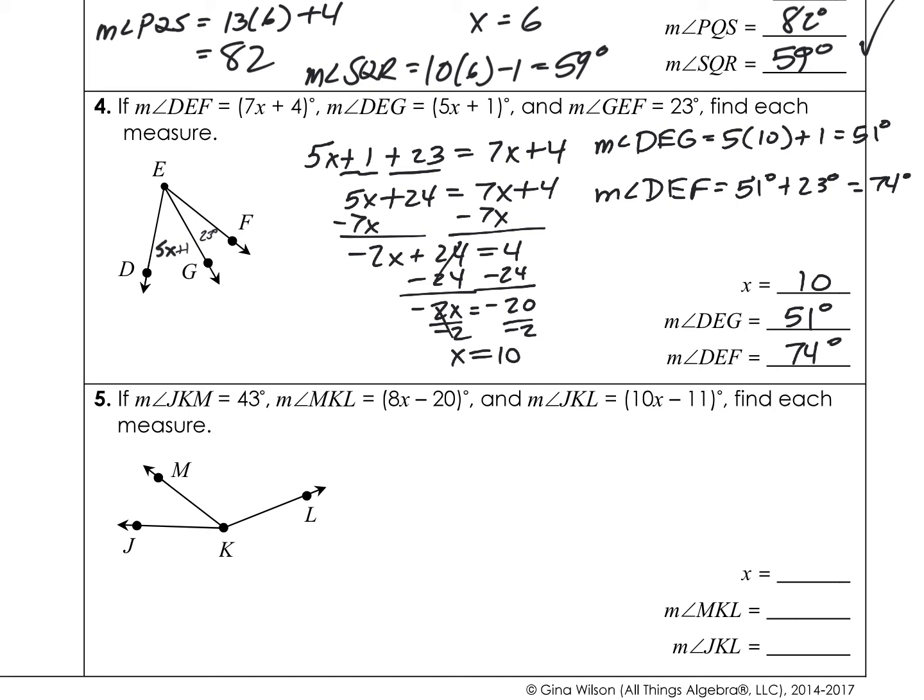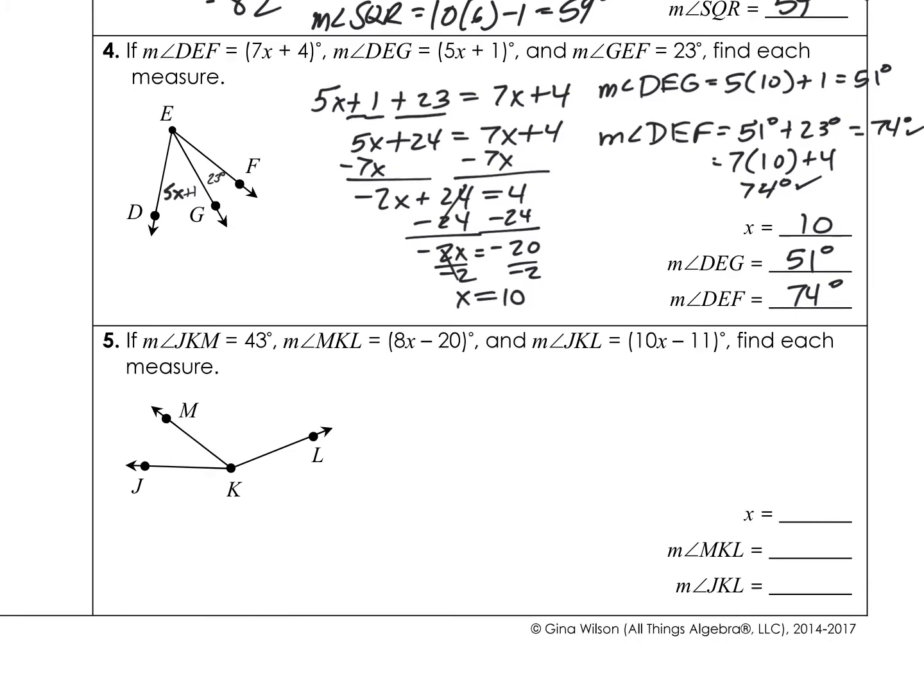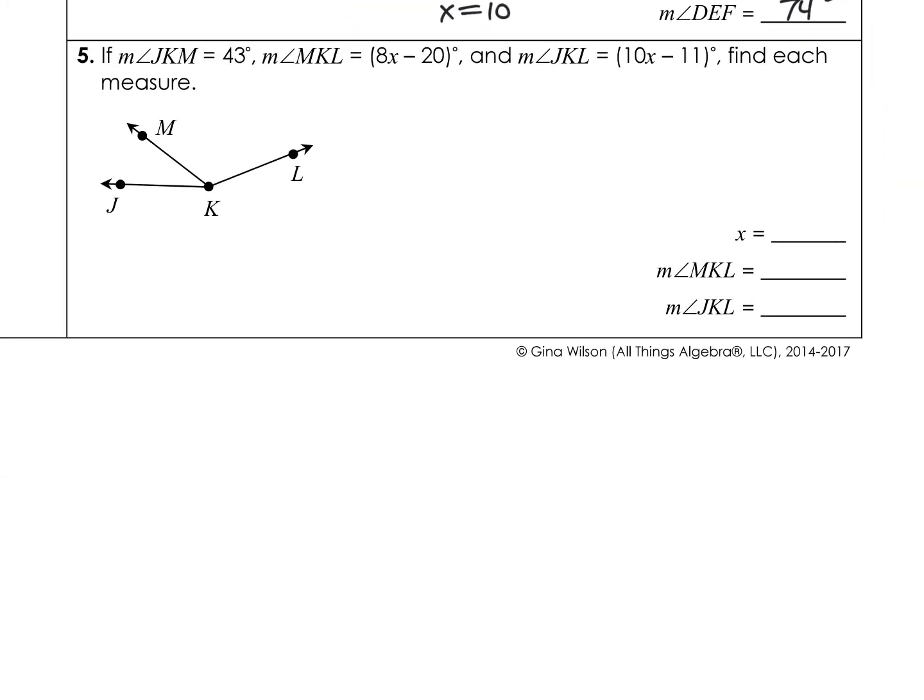Okay. And we can also substitute it in just to double check. 7 times 10 plus 4, that's 74. So yeah, they check out. Number 5, if the measure of angle JKM is 43 degrees, JKM, so this is 43.